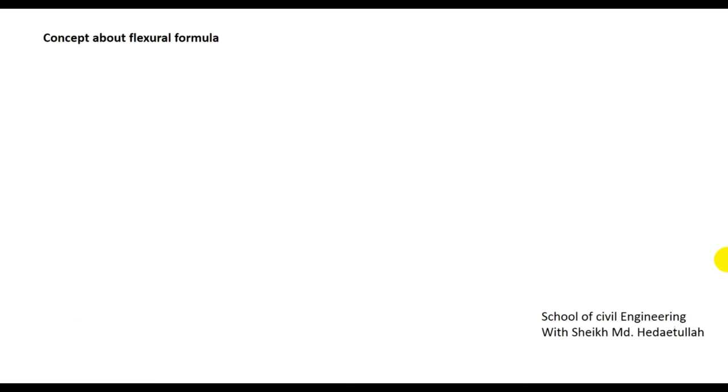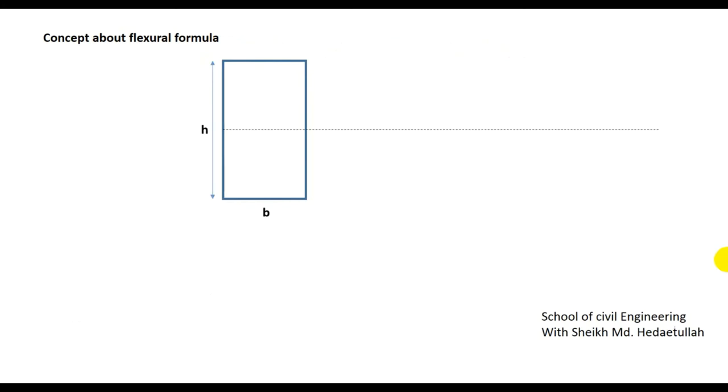Now if we try to see the formula, suppose this is a beam cross section, h is its height and b is the width, and this is the neutral axis. This is the top axis, this is the bottom axis, and the middle is the neutral axis. The distance from the neutral axis to the top is represented by c.